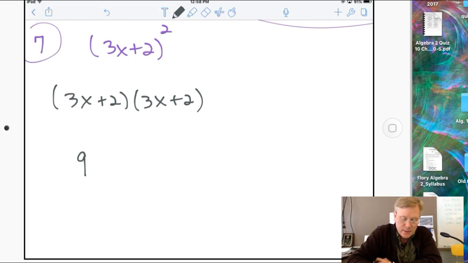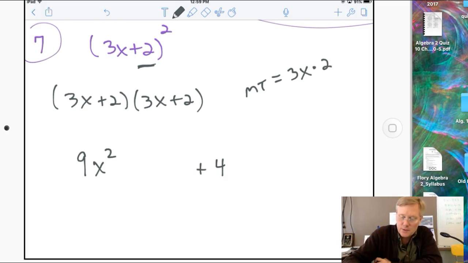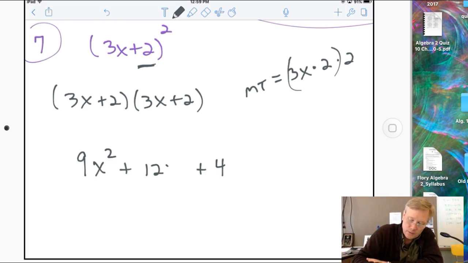X times x is x squared. And then take the last term and square it. 2 times 2 is 4. The middle term will be what I get when I multiply, MT is middle term, 3x times the last term, and then double it. Whatever that is, double it, all right? 3x times 2 is 6x, 6x times 2 is 12x, and that's your middle term.